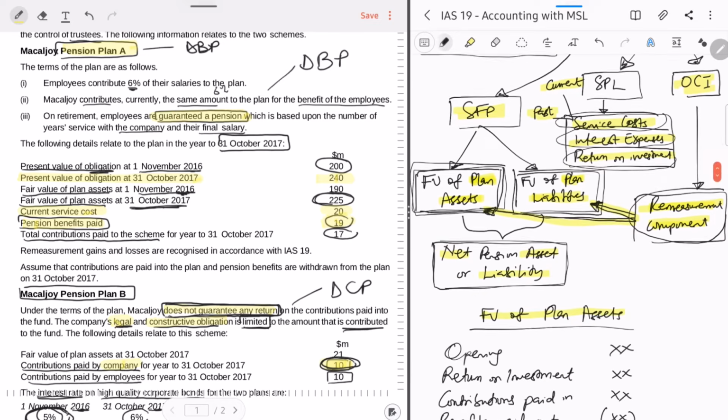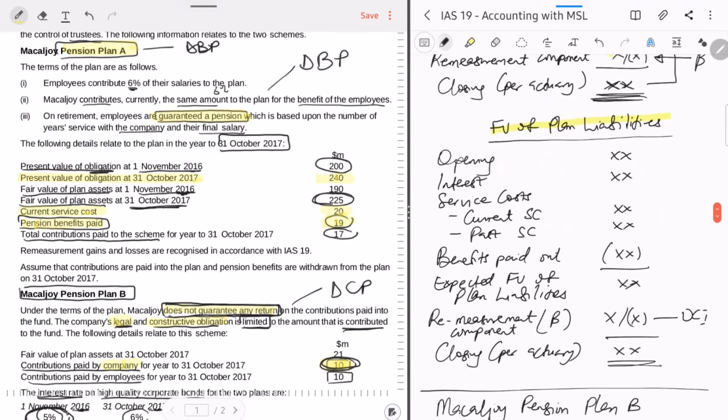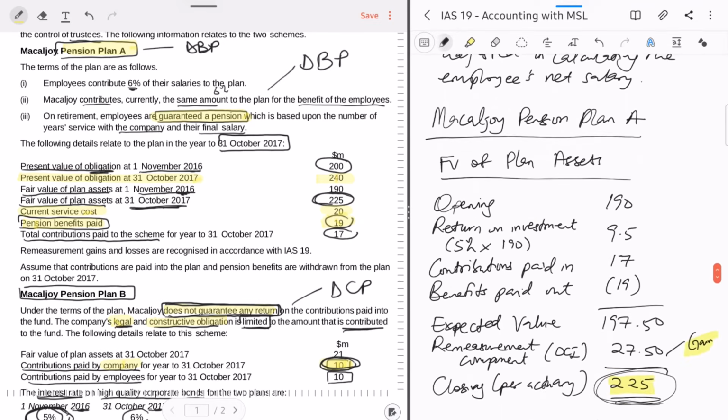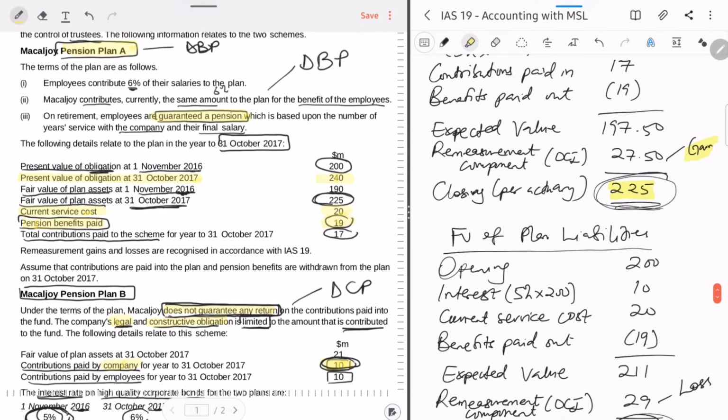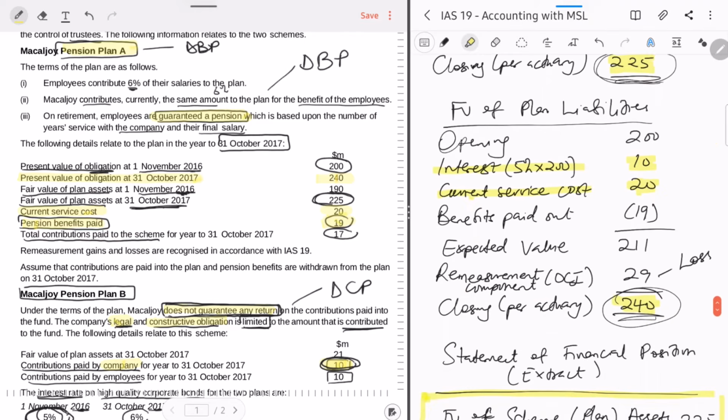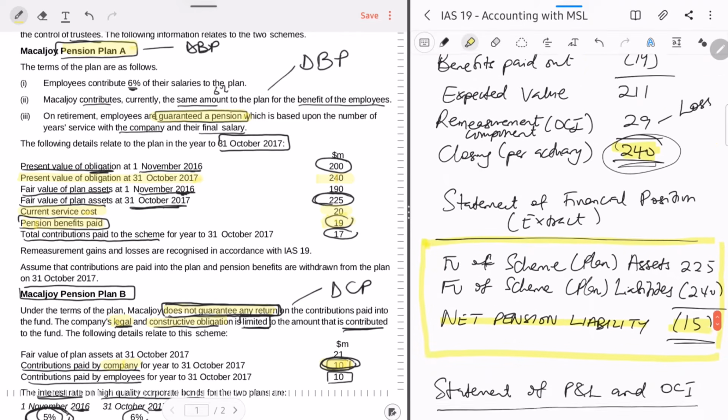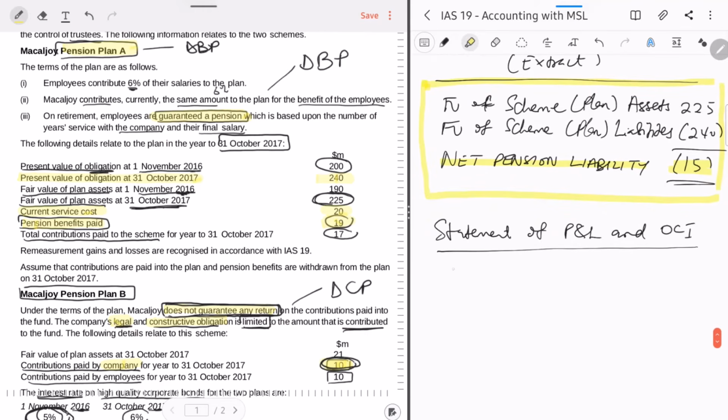So we need to pick these things. I need my return on investment, this figure 9.5. I need my interest expense, this figure 10. I need my current service costs. That's all I take to profit or loss. So 3 figures.